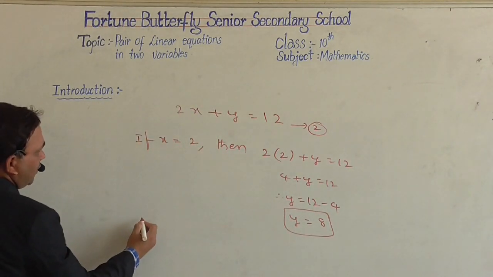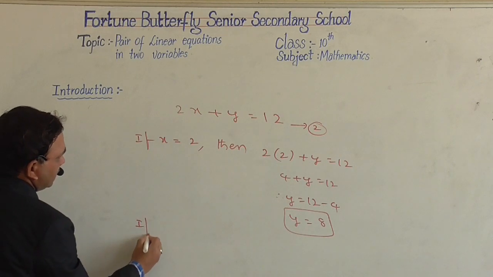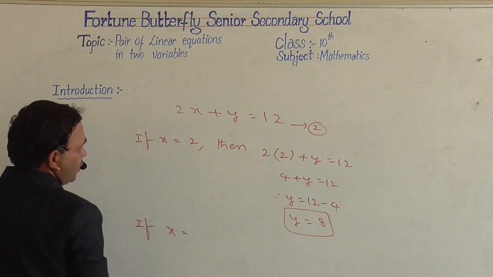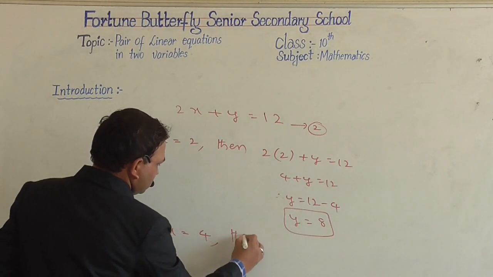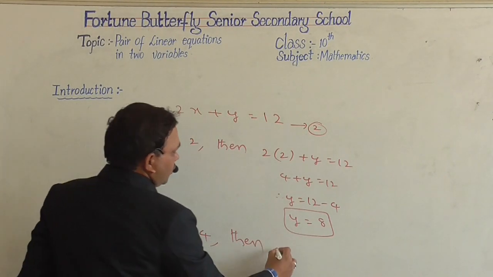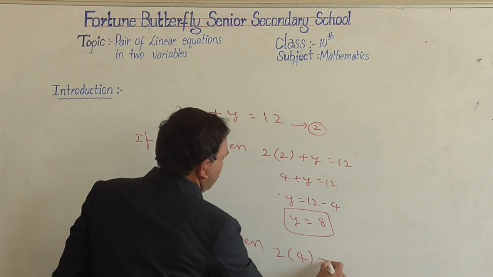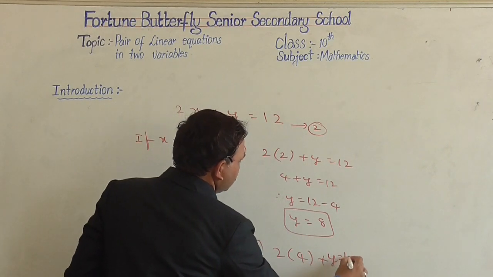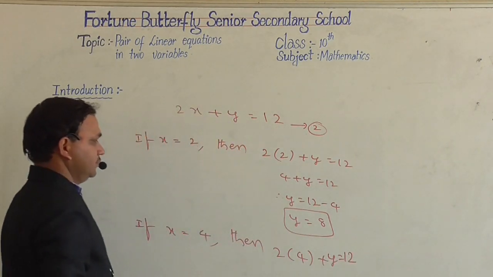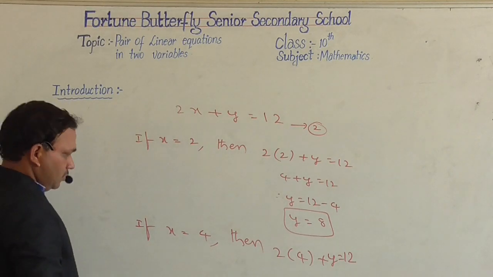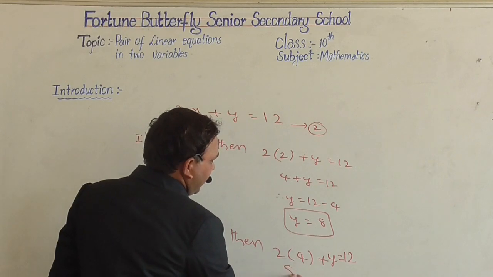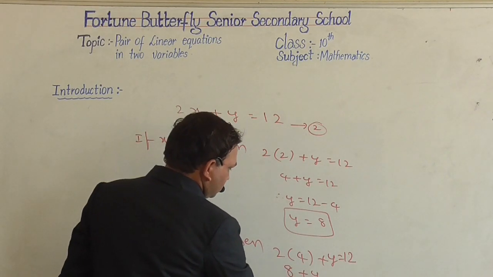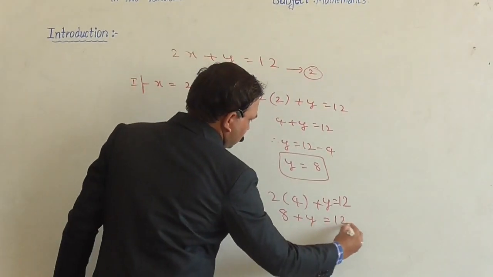Next, the second pair of order. If x is equal to 4, then 2 into 4 plus y is equal to 12. So 2 fours are 8 plus y is equal to 12.